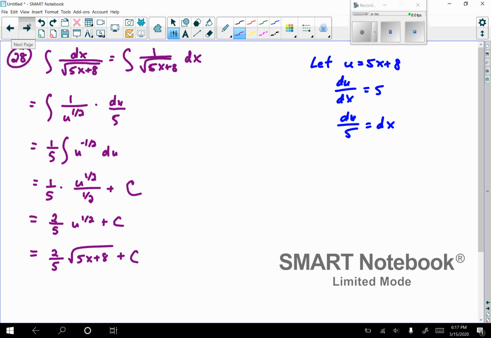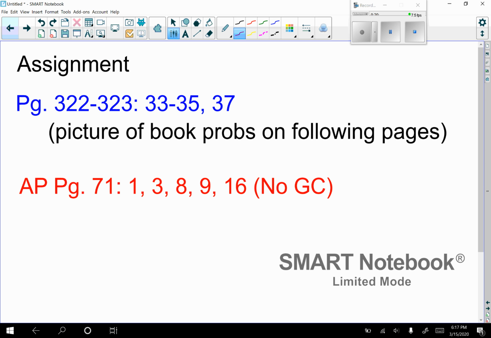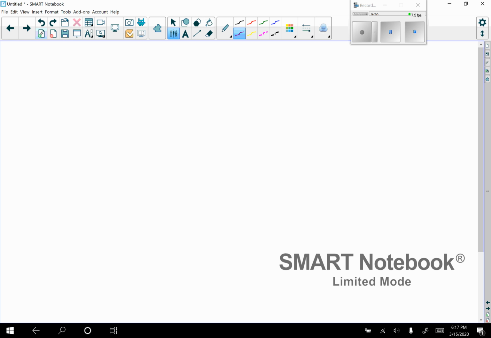And one more here. So 31 actually leads us into some more examples I'm going to show you. Because the directions here said, make a u substitution and integrate from u of a to u of b. So let's take a look here. I'm going to start the same way.